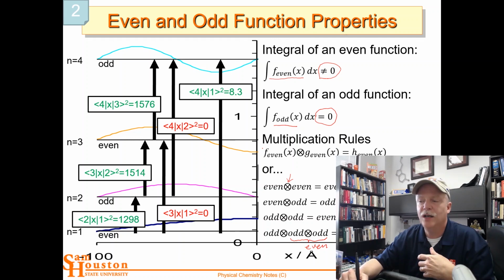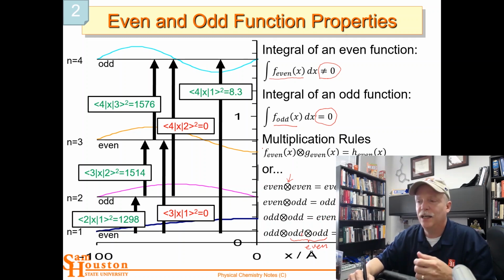But if you have a positive number times a negative number, you end up with a negative result. And then this carries through to the whole function. So if you have an even function times an odd function, you end up with an odd function. And then if you have two negative numbers multiplied by each other, they become positive. Likewise, if you have an odd function times an odd function, the result is even.